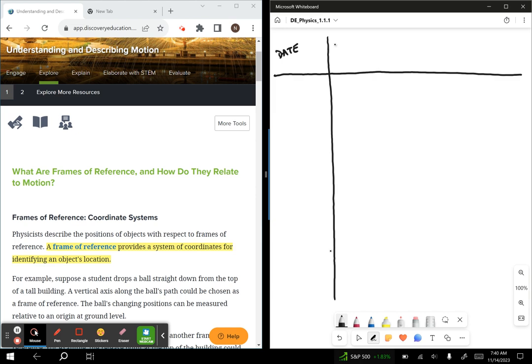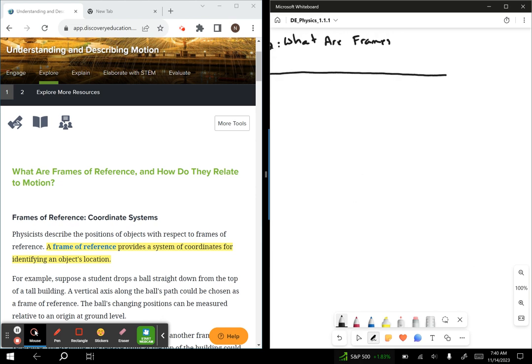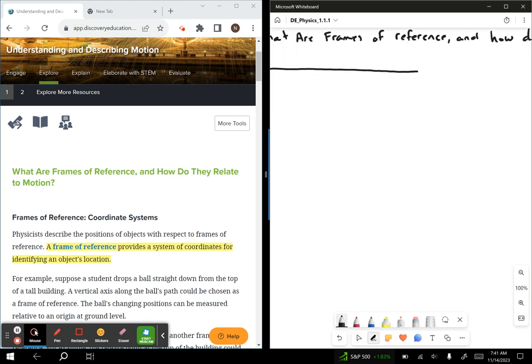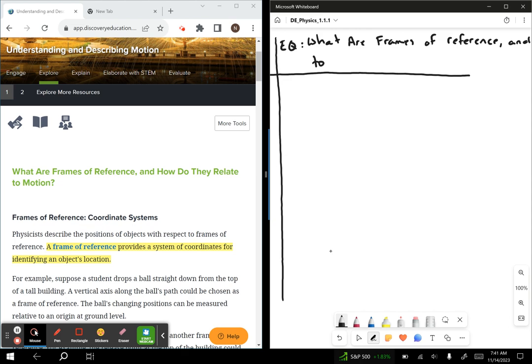The essential question: what are frames of reference and how do they relate to motion?